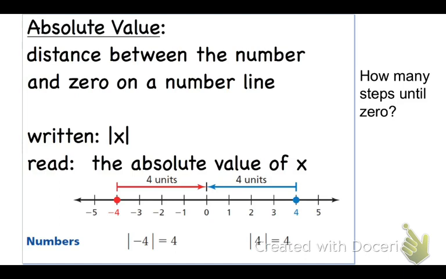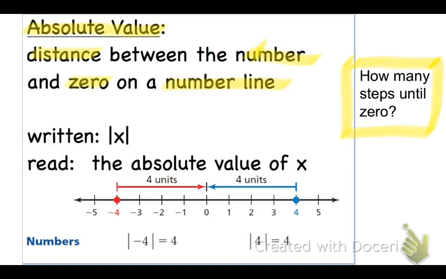Now, we're going to talk about absolute value. Absolute value is simply the distance. So absolute value goes on the next line: the distance between the number and 0 on a number line. I like to think of it as how many steps until I reach 0. That's already typed out for you.